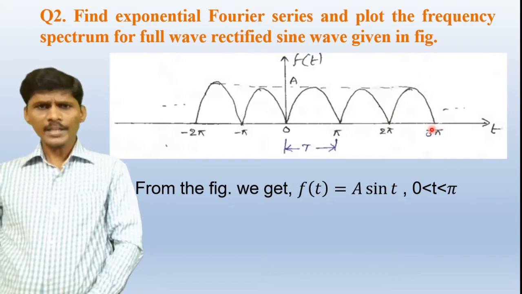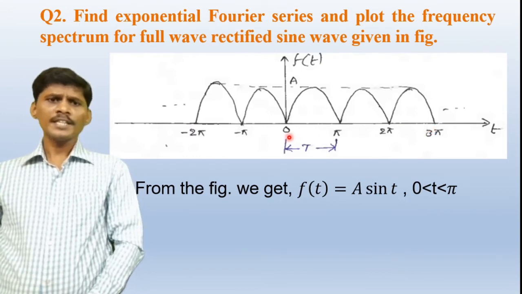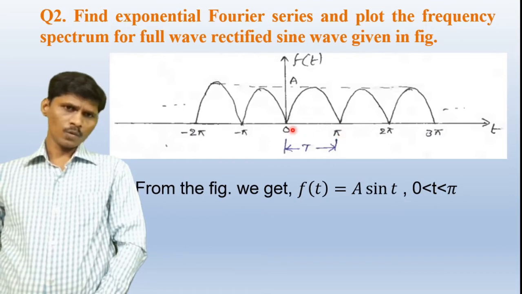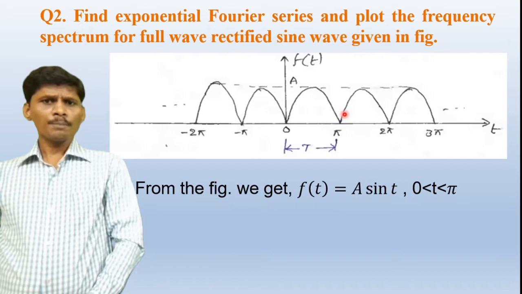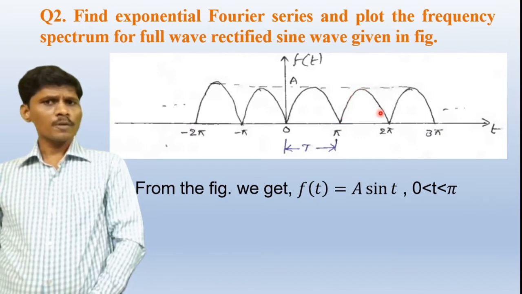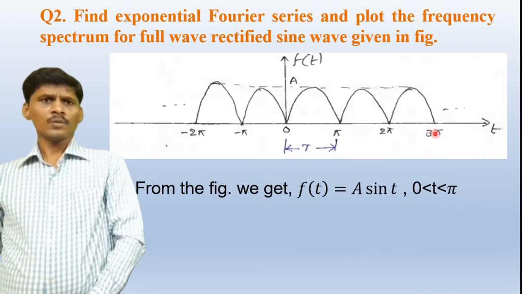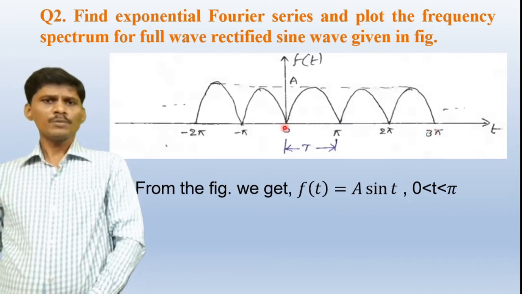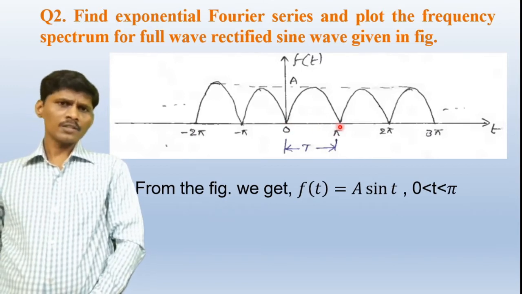So we can determine the exponential Fourier series for t equal to 0 to pi seconds. Because of that, we can determine the complex exponential Fourier series between the interval 0 to pi.